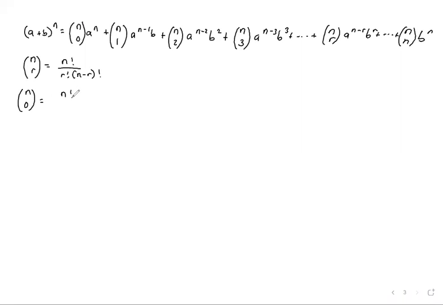This would be n factorial over 0 factorial times n minus 0 factorial, which is n factorial over 0 factorial times n factorial. Now n factorial and n factorial can cancel, so we'll have 1 over 0 factorial, which is 1, so we get 1. So next time we see nC0, it will be the same as we have seen: 1.